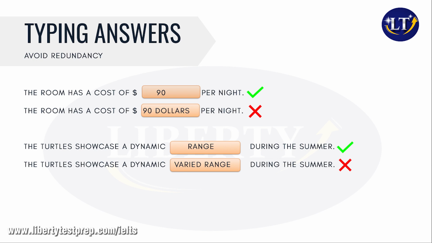That's fine. But what's the problem though? The way the sentence is already worded, they are already giving us an adjective, dynamic. And dynamic is basically the same thing as varied. They're pretty similar. So if we write the word varied, even though it was part of the audio, that's redundant because we already have another word that is fulfilling the same purpose. So here we only need the word range. So be careful with this.